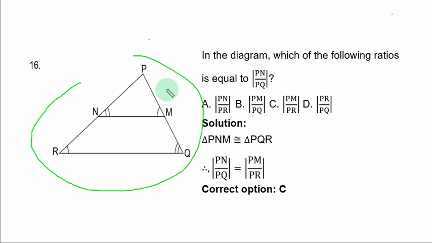So if you have PN equal to PQ, it simply means that PM is over PR. PN over PQ is equal to PM over PR. C is the correct option.